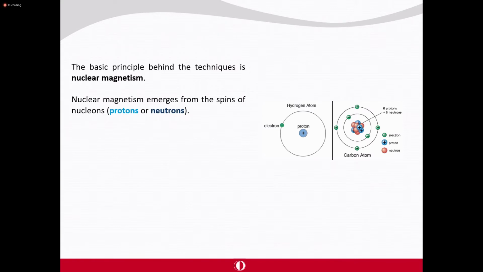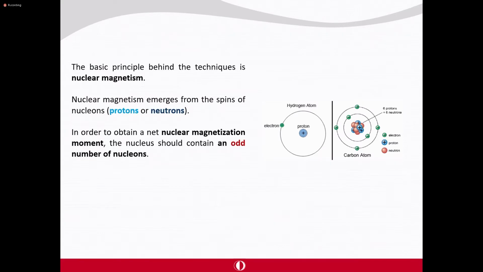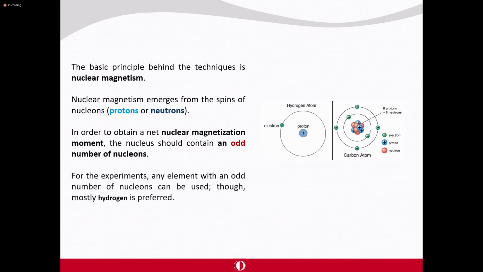Nuclear magnetism emerges from the spins of the nucleons, which are protons and neutrons. In order to obtain a net nuclear magnetization, the nucleus should contain an odd number of nucleons.